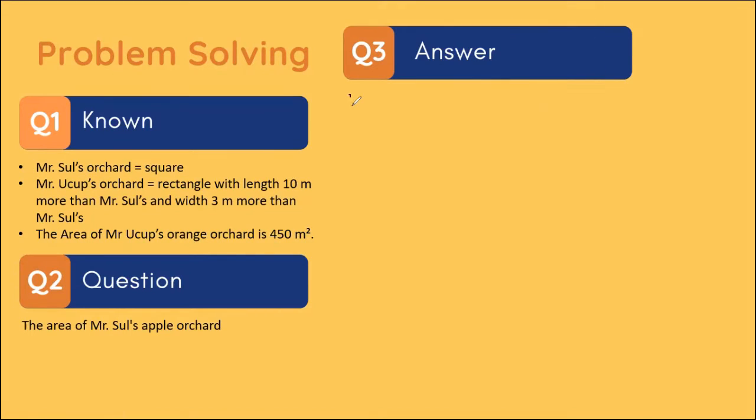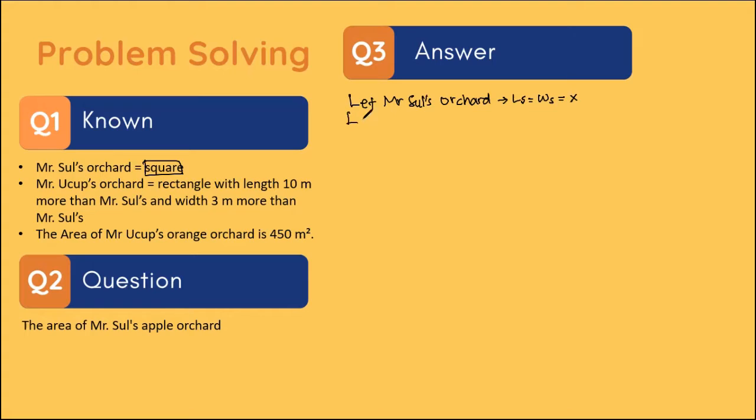First step, we let Mr. Soal's orchard, the length will be equal to the width, right? Because Mr. Soal's orchard is square shaped. So the length and the width are the same. And let the length and the width be equal to x.